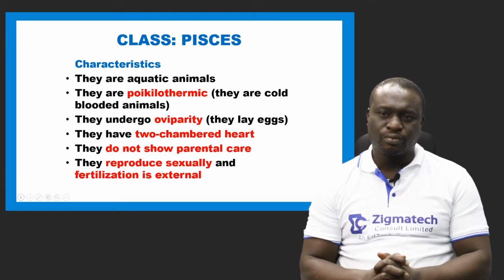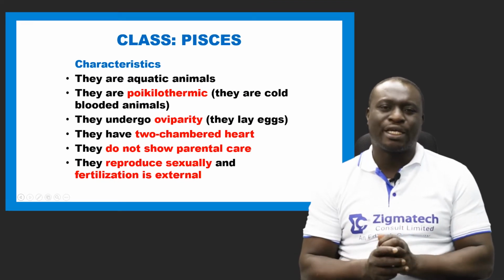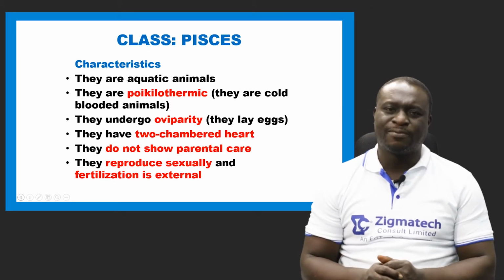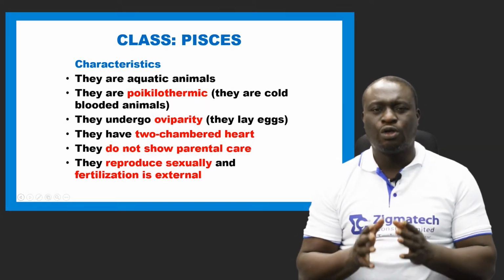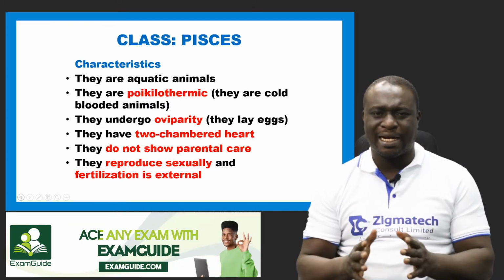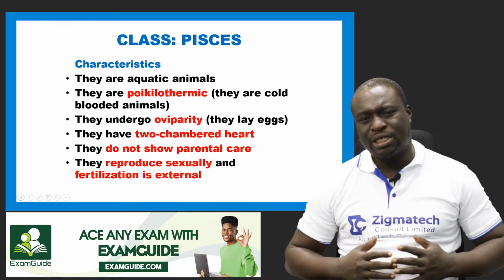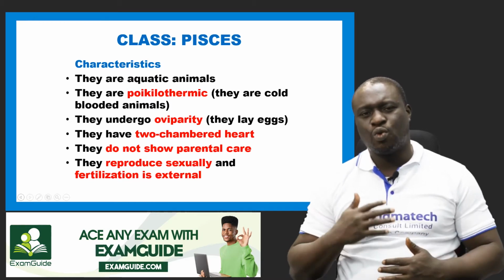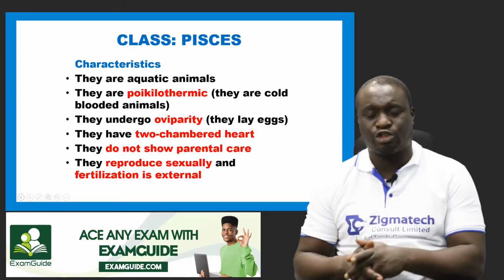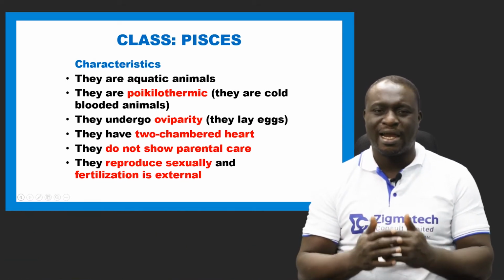Number two, Pisces are poikilothermic. When we say poikilothermic, another name for it is cold-blooded animals. It simply means their body temperature changes with changes in the environment.